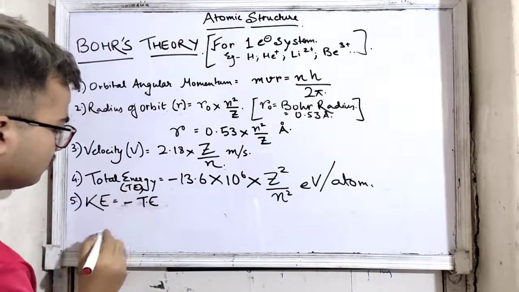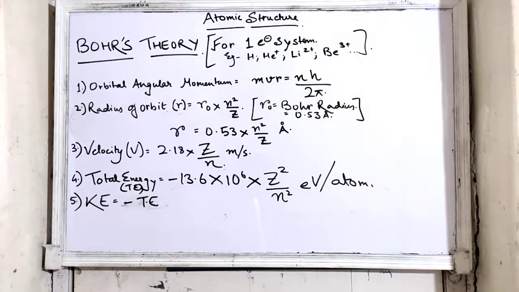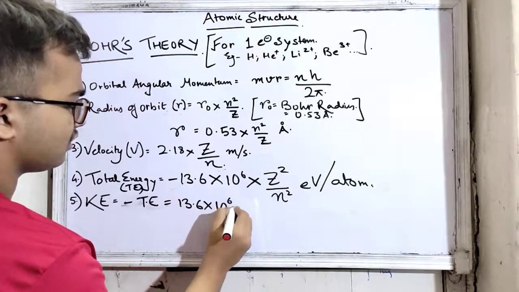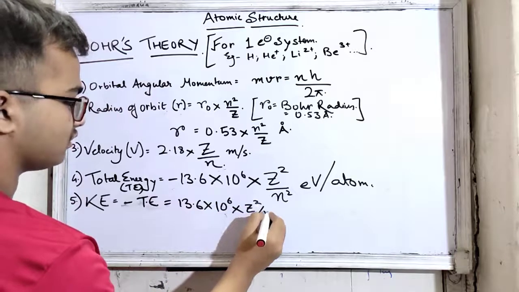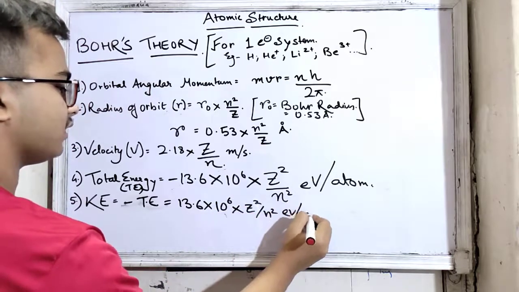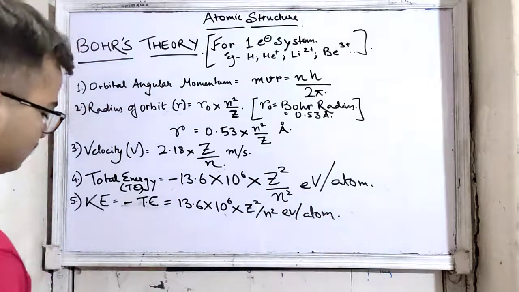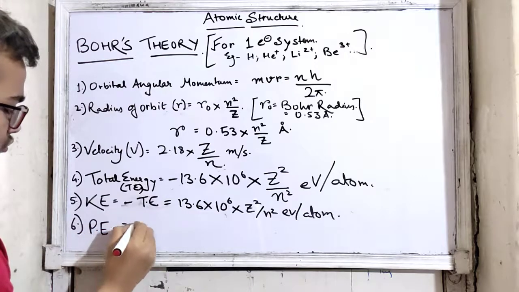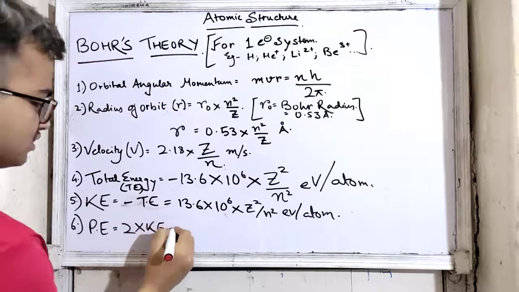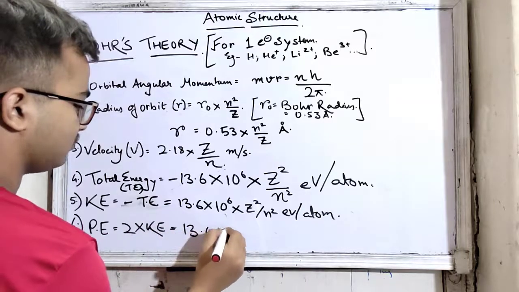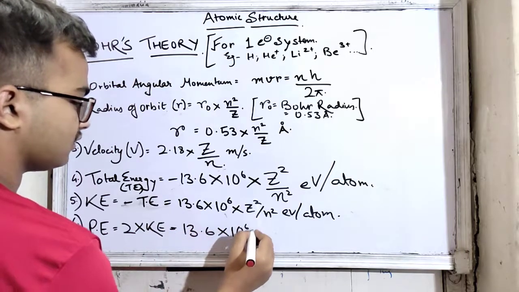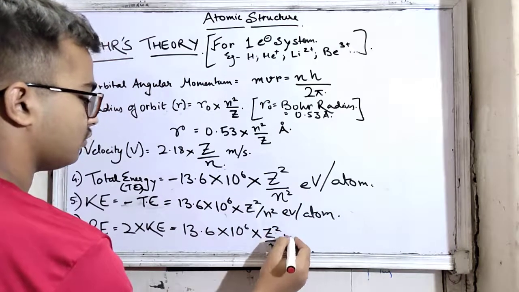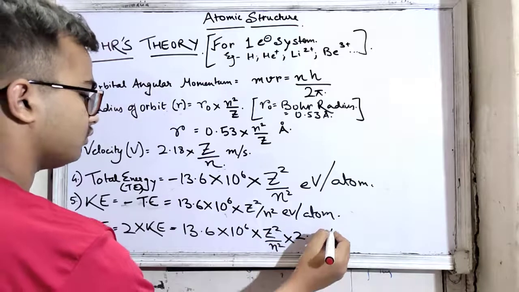So kinetic energy equals minus TE, which equals 13.6 into 10 to the power 6 into z square by n square electron volt per atom. Number 6, potential energy or PE equals 2 into KE, which is equal to 13.6 into 10 to the power 6 into z square by n square into 2 electron volt per atom.